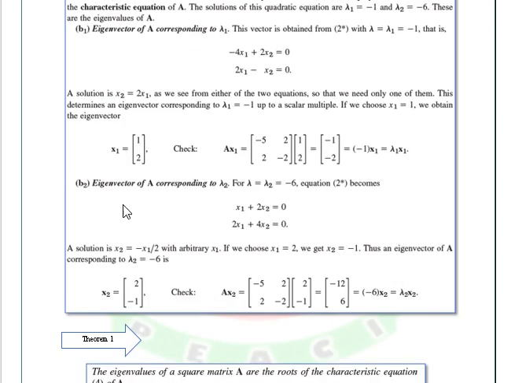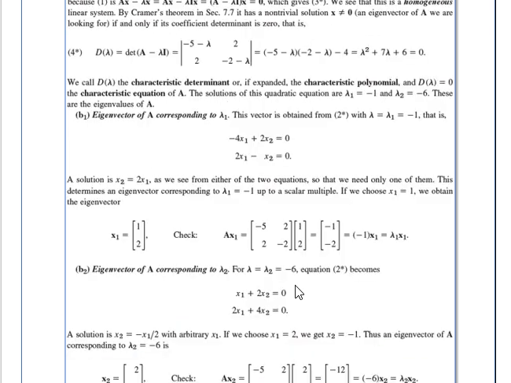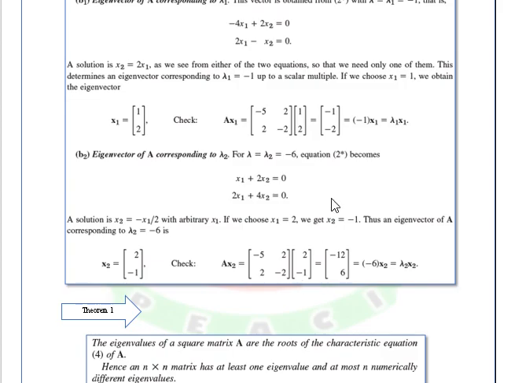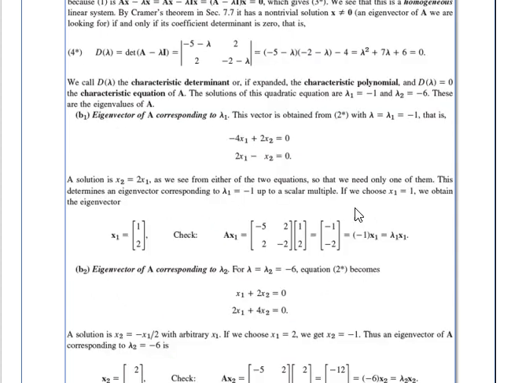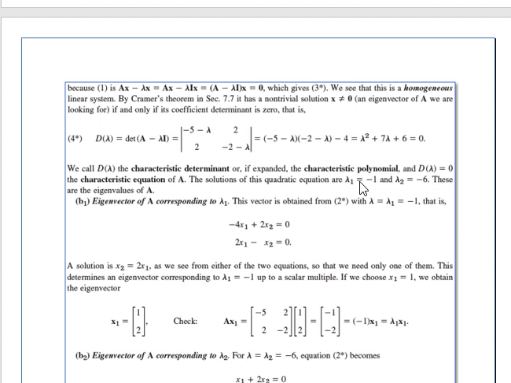So please read these. In this discussion, I have not discussed this instruction here. Since I have already illustrated how to get that one, your assignment is to read this. Just read this and you will understand how I got the values of eigenvalues and eigenvectors.